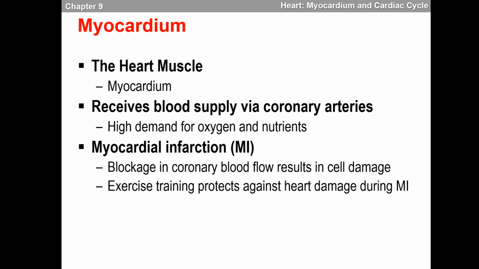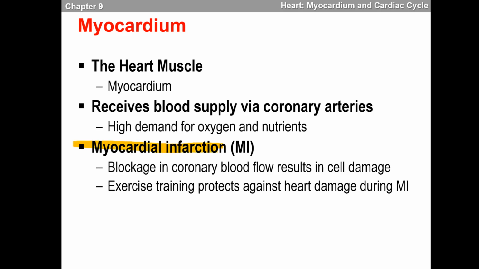Next, we have the myocardium. That is the most important layer of the heart, at least for this class. It is essentially another word for the heart muscle itself. It receives its own blood supply, and a heart attack is called a myocardial infarction.